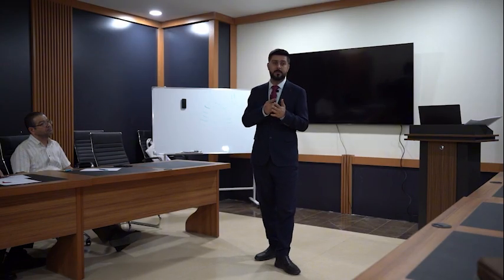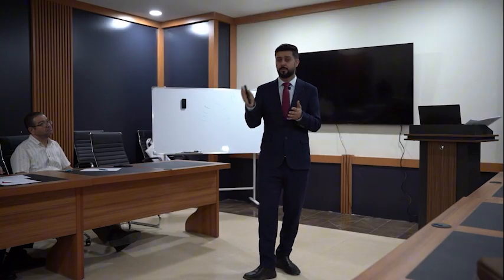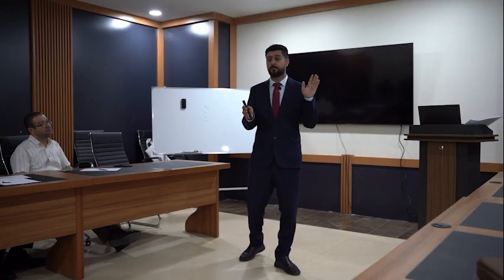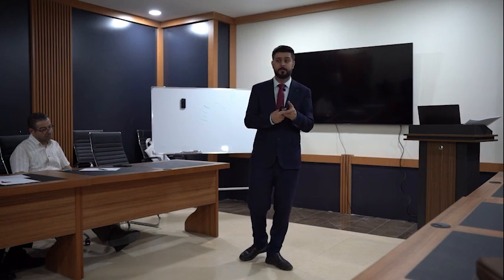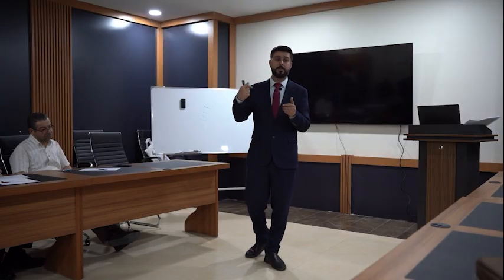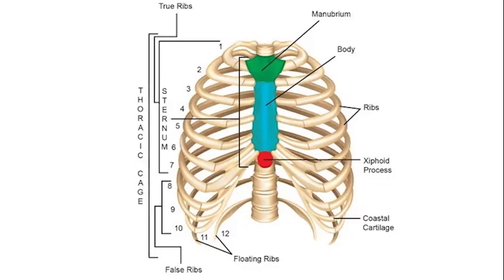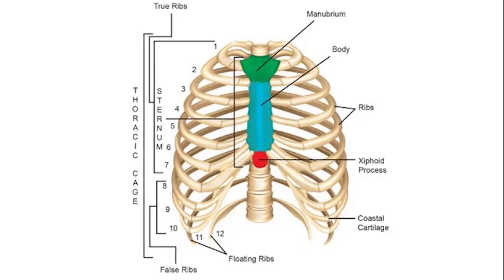And we have the 7 of them, from the first to the 7th. They are true ribs because they have attachment posteriorly to the vertebral column and anteriorly to the sternum. And we have the 3, which are the 8th, 9th, and 10th. They are false ribs because they have posterior attachment to the vertebral column, but anteriorly they attach to the 7th rib, not to the sternum.